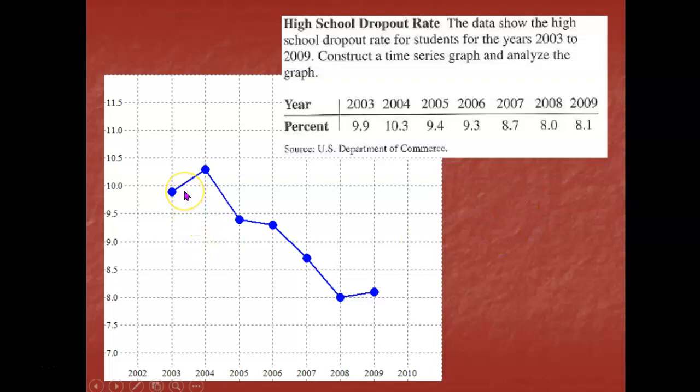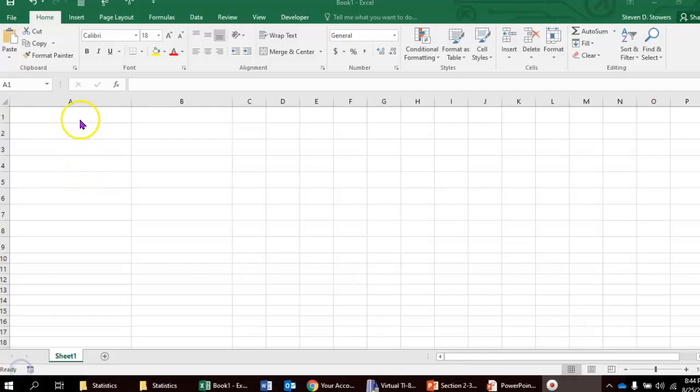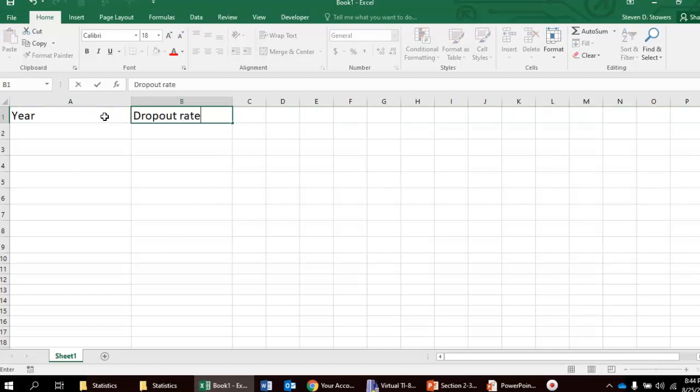Now, this is what you would do if you were drawing one of these by hand. But what if we want to do this in Excel? That's really pretty easy to do. I just have to pull up Excel and type in my data. I'll have a column for the years and a column for the dropout rate.